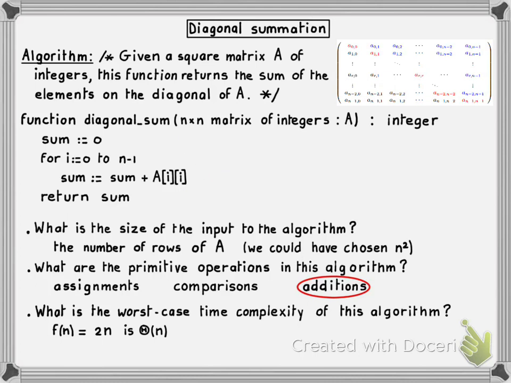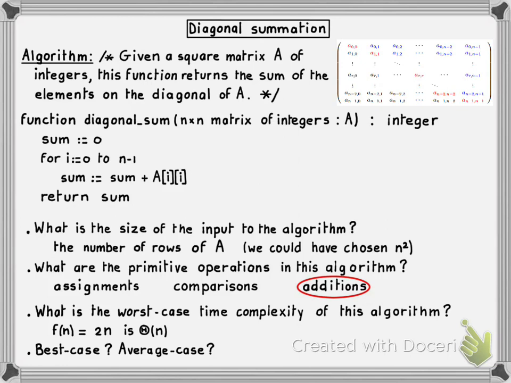So what that means is that there's no really such thing as a worst case or best case, because in every case, the number of iterations is the same and the work per iteration is the same. So if I had asked you the best case time complexity of this algorithm, you would have answered big theta of n. And of course, if the worst case time complexity and the best case time complexity are the same, then the average case time complexity is also the same. Make sure you understand why.